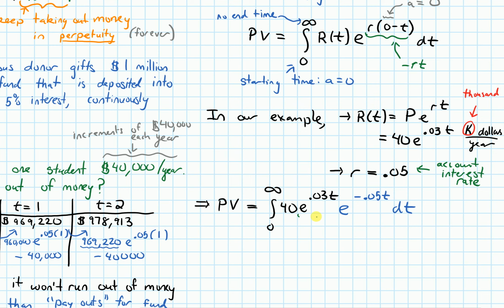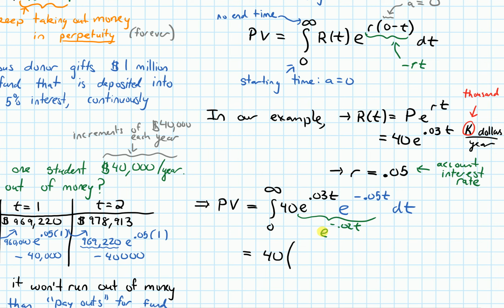Well, we can simplify this. So e to a power times e to a power. Using exponent rules, we add the exponents, and we'll get e to the negative 0.02t. Okay, so we are ready to do this antiderivative. Doing that, the 40 just stays there because it's a constant multiplying this.